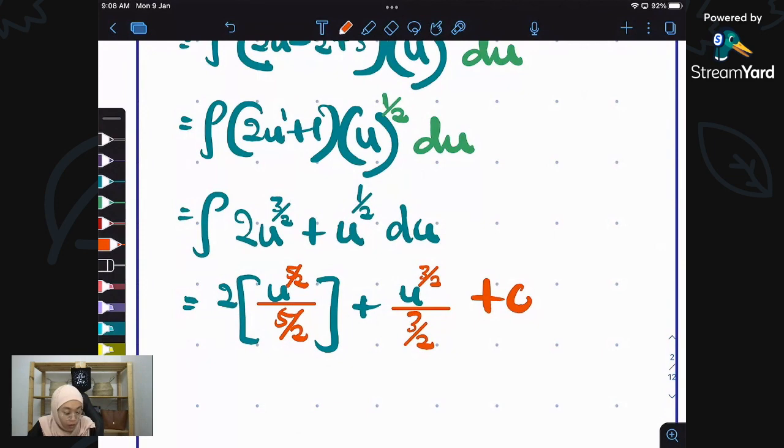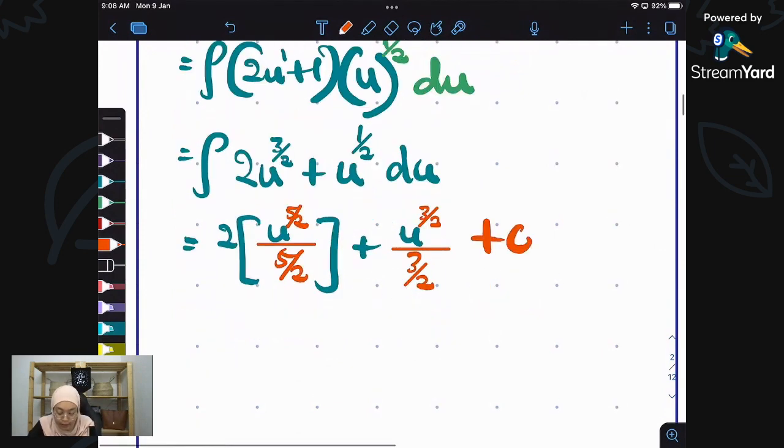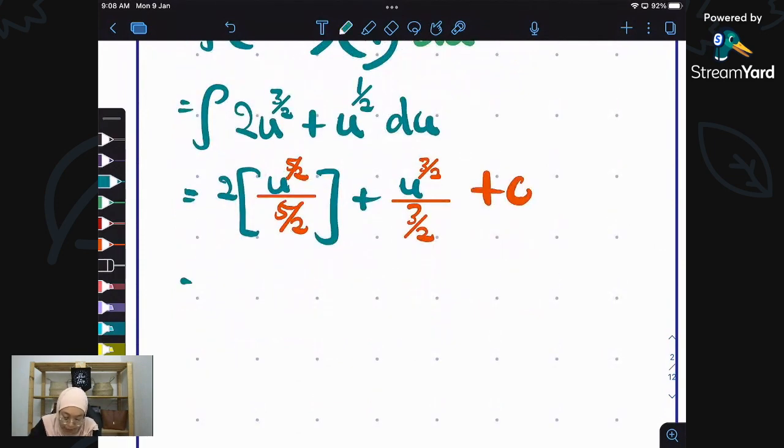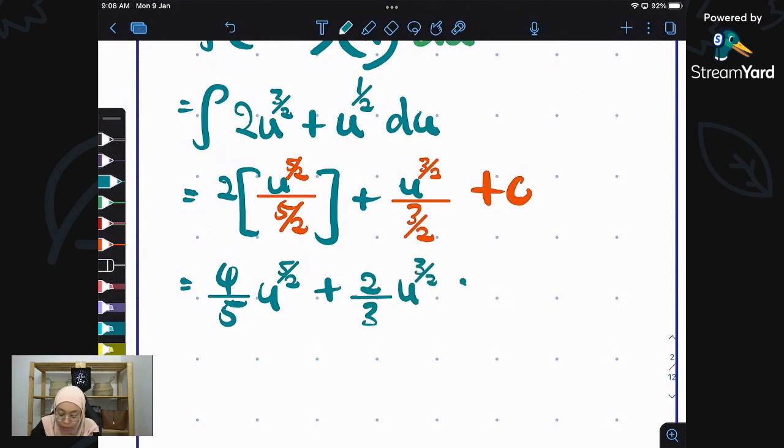Then don't forget to put plus c. And so, simplify it, you will get 4 over 5 u to the power of 5 over 2 plus 2 over 3 u to the power of 3 over 2 plus c.